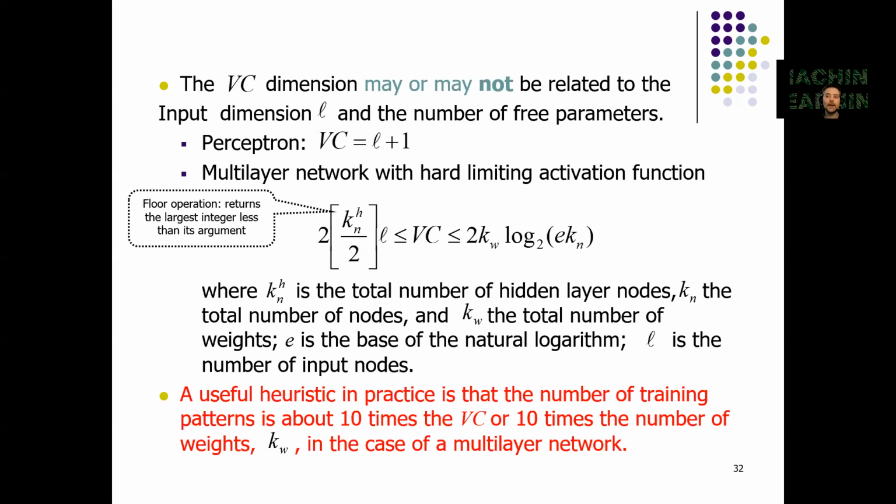And people have done theoretical work. They have found some dimension for some of the models. So for a perceptron, the VC dimension depends on the number of input dimensions plus 1.